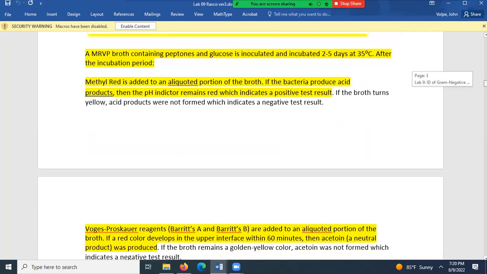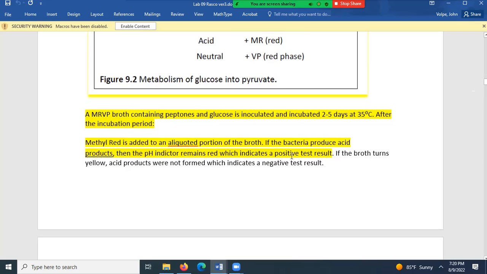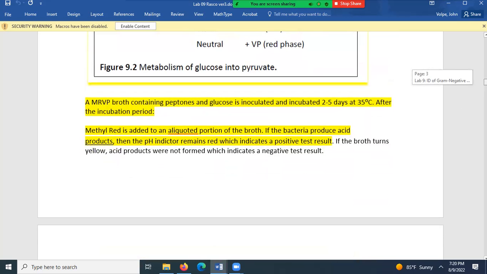No, acetoin. Yeah, acetoin. The neutral product is made, then the test will show you that it'll be red, and that would be a positive result that neutral products were made from glycolysis. Any question about any of that?